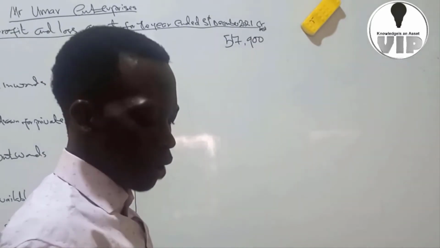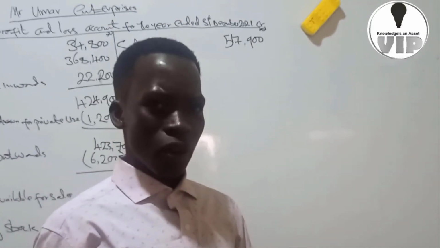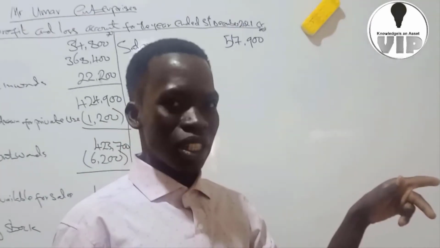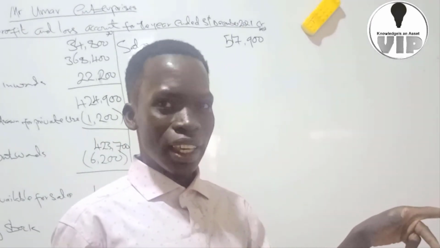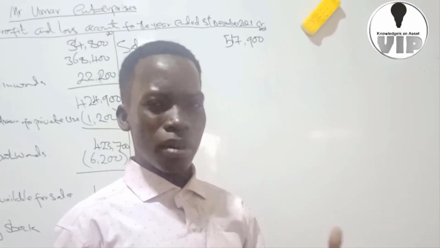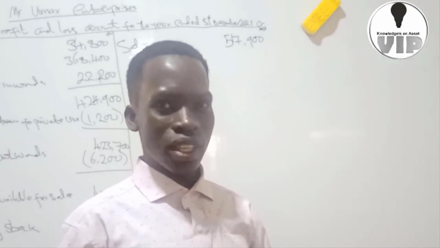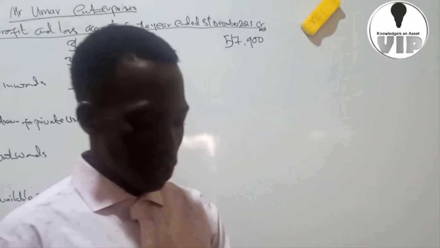Unfortunately, out of our sales, there are some goods returned by our customers. So now we need to less that, because accounting is all about giving comprehensive detail, concisely. So now we are going to say less return inwards.